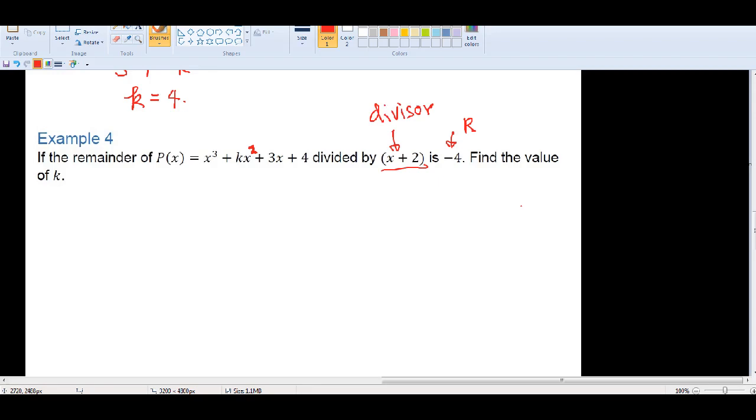So again you need to use the remainder theorem. You need to substitute the number which makes the divisor 0 into P(x), which equals minus 4, and then you have a chance to find the value of k. Let me give you some time to work on it.